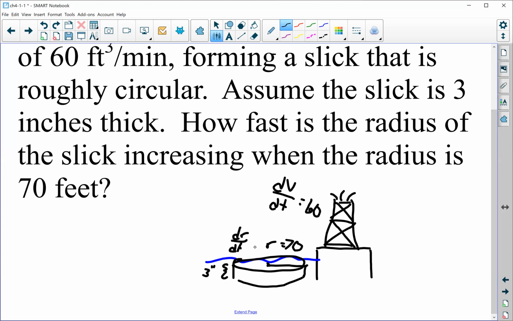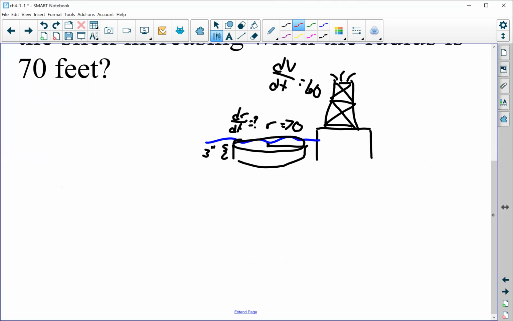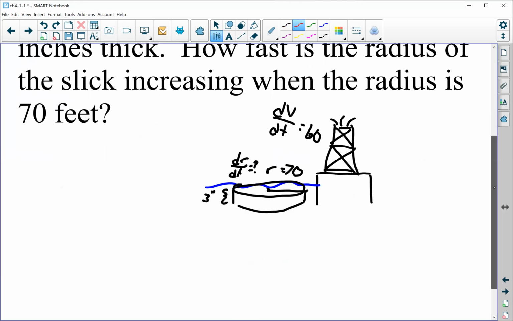We want to find the change in radius with respect to time. So we need a formula that will combine radius, height, and volume of the shape of the slick, which is a cylinder.